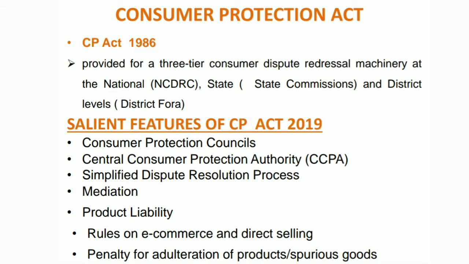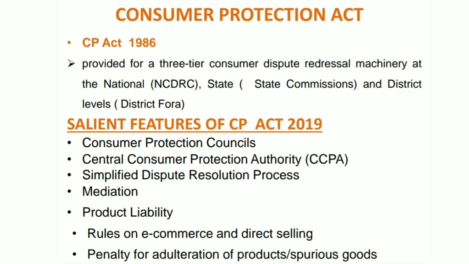Now, let us see the salient features of the Consumer Protection Act 2019. The first is the Consumer Protection Councils, and the second feature is the Central Consumer Protection Authority, CCPA. The third feature is the Simplified Dispute Resolution Process. The fourth is mediation, and the fifth is Product Liability.